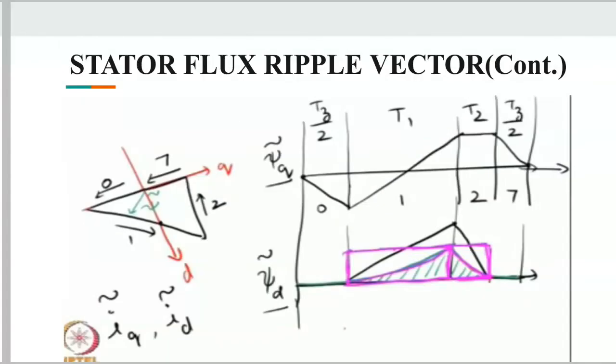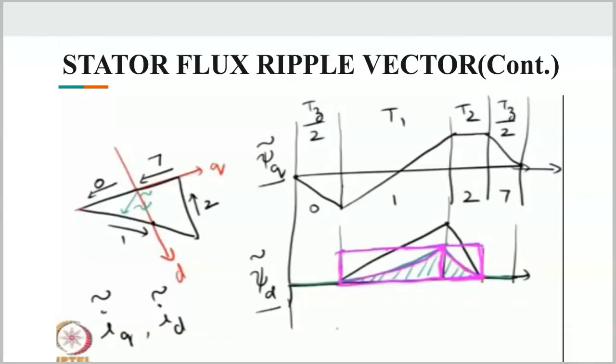Now we will see the stator flux ripple vector. Here we can see the diagram, which is in triangle form. This is the q axis and this is the d axis, and we can apply a 0 state, a 1 state, a 2 state and a 7 state, which are called active vectors and null vectors. This is when 0 is applied.